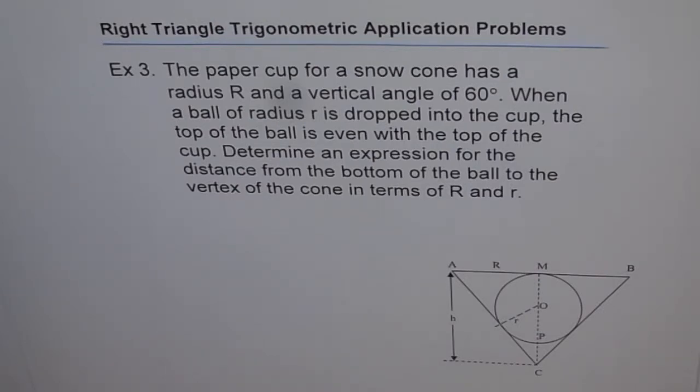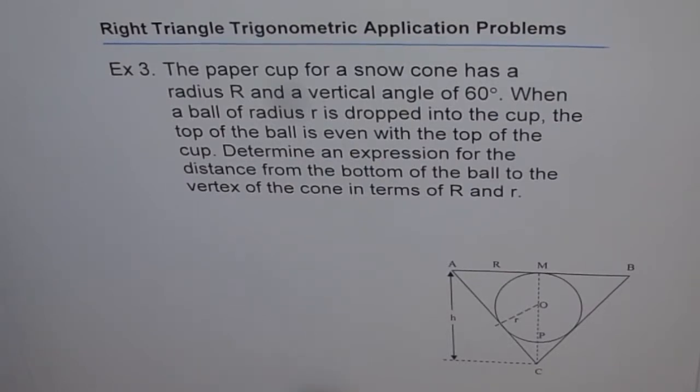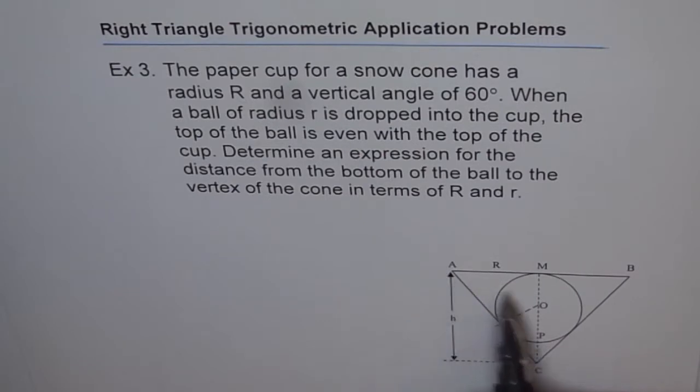Well, let's read the problem once again. Try to understand what is being asked. A paper cup of snow. So this is a paper cup snow, like a cone. And here we are given a cross section of that.